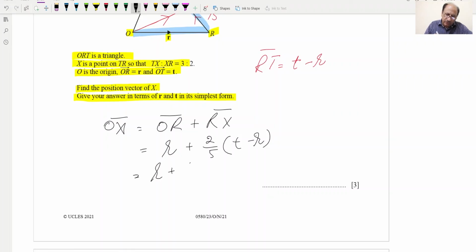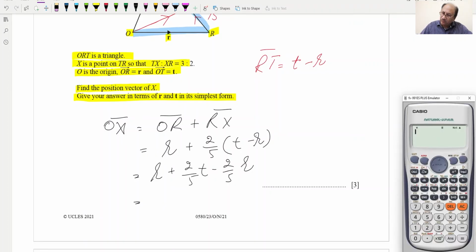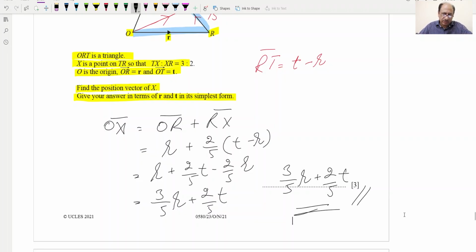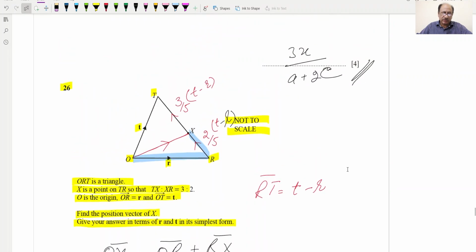This will be R plus 2 by 5 T minus 2 by 5 R. First calculate 1 minus 2 over 5, which is 3 by 5, so 3 by 5 R plus 2 by 5 T. This will be our answer. We can write 3 by 5 R plus 2 by 5 T, and this is a 3 mark question which we are done with. This was the last question which we are done with.